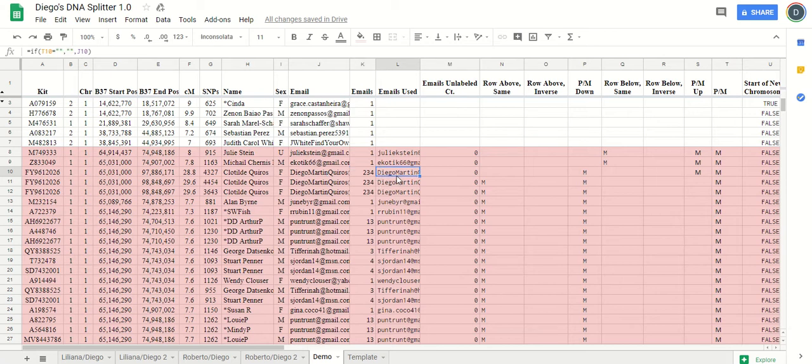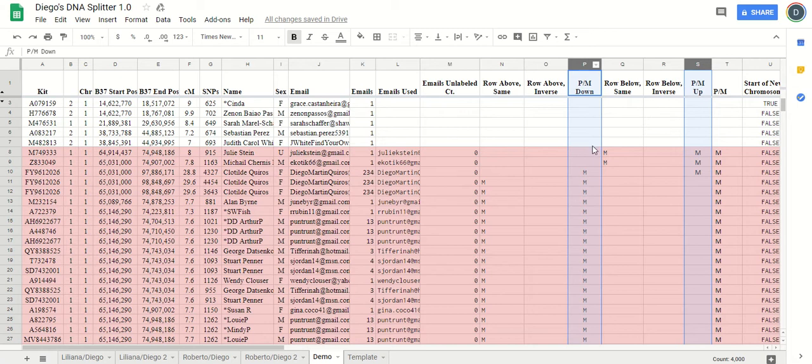Then the next formula, what it's basically saying is T is the overall result for the segment, whether it's maternal or paternal. So here is where I normally do the data entry, this column here and also here.